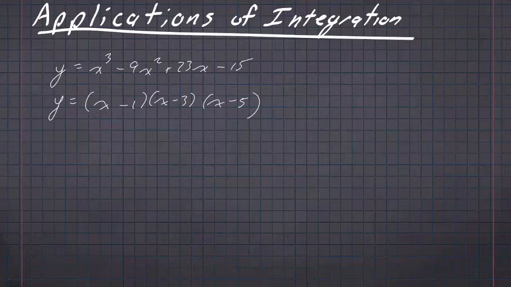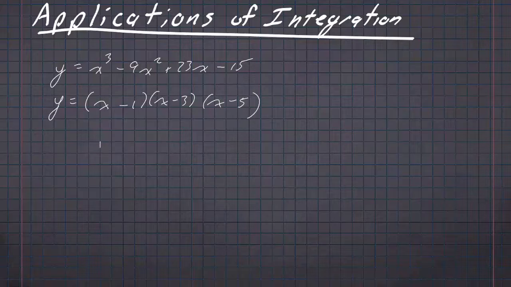I'm not going to go into the algebra of dividing out and factoring, but this can be factored. And in fact, this particular equation factors to x minus 1 times x minus 3 times x minus 5.